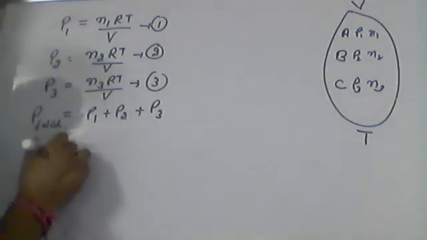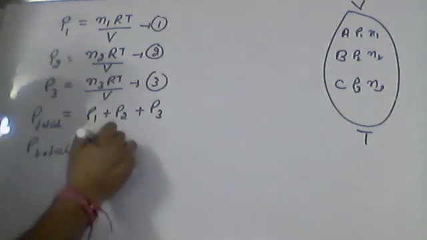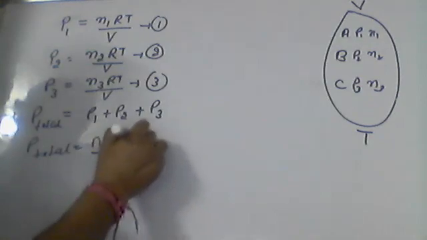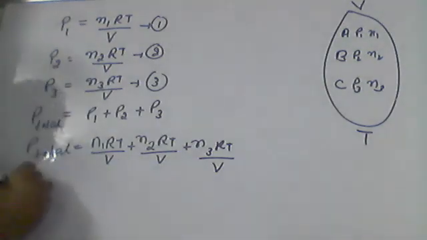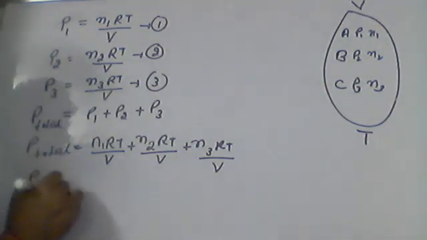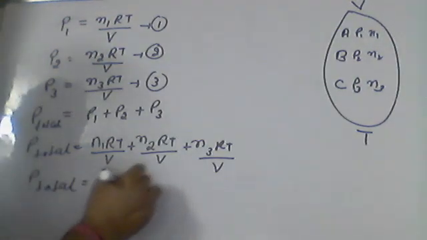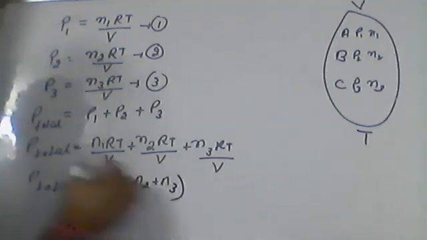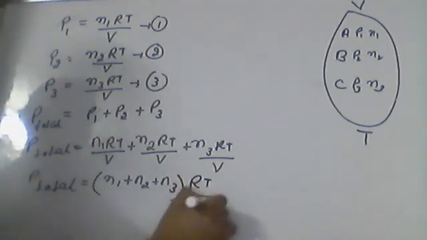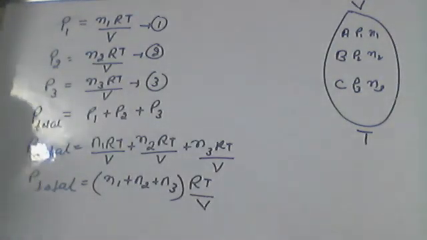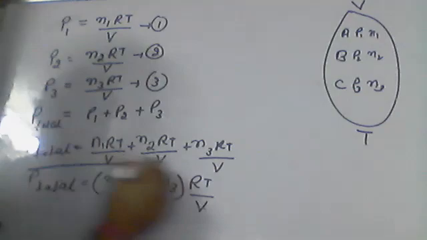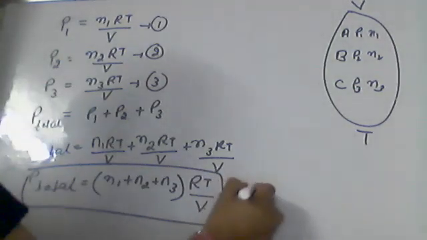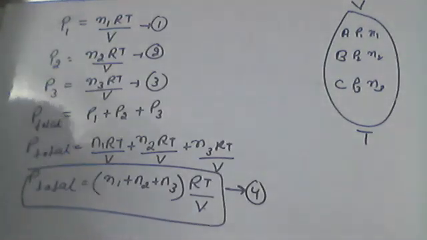So from here I can find P total, instead of P1 I write n1RT/V plus n2RT/V plus n3RT/V. Then RT/V is constant, so P total will be equal to (n1 plus n2 plus n3) multiplied by RT/V. This is equation 4.